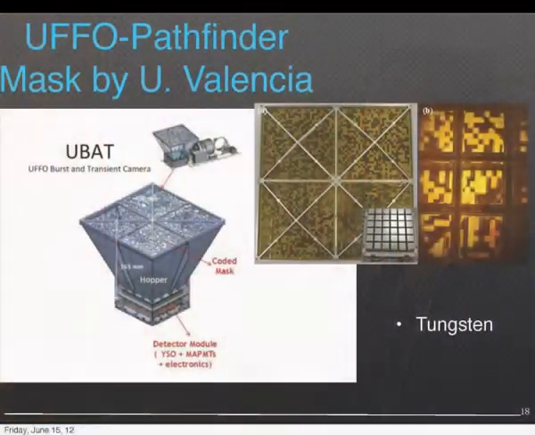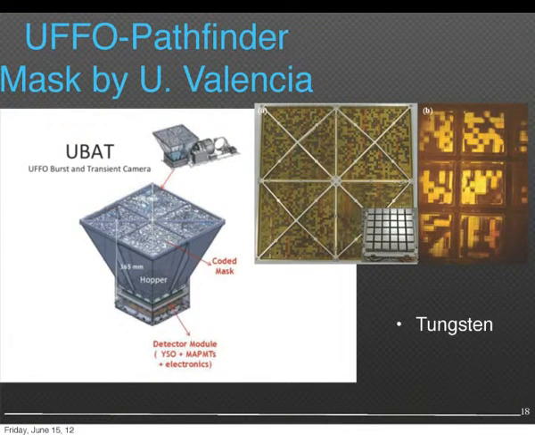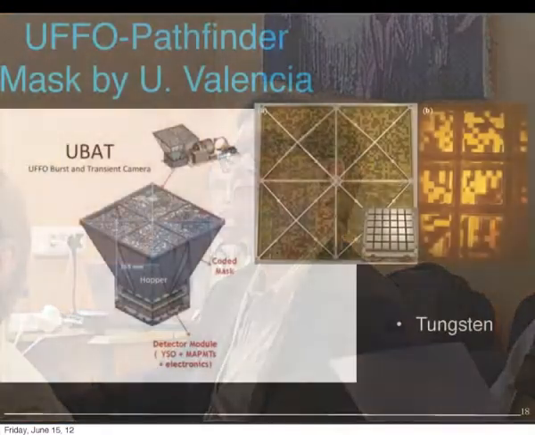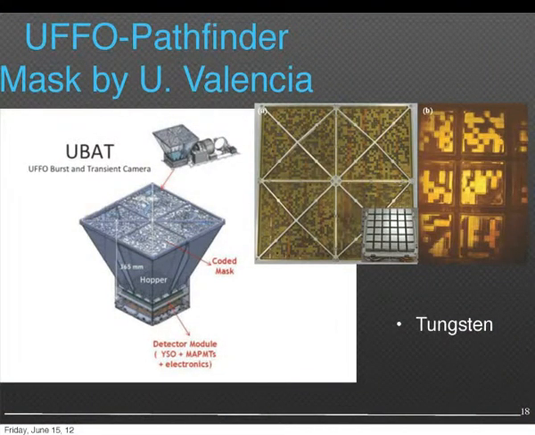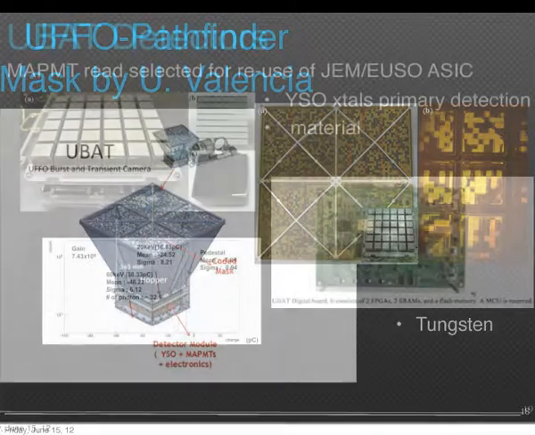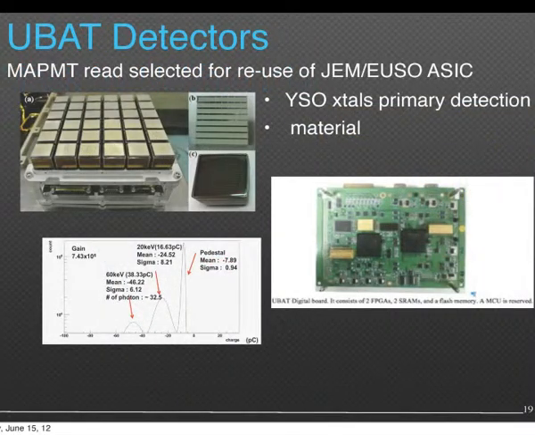We have a very nice mask made by our collaborators at the University of Valencia. And again, this just shows a little bit more of a cutaway, the mask up here, the hopper and shielding here, the detector plane here, the electronics underneath. Our mask is tungsten. We have a very unusual detector. Our detector is read out by MAPMTs, and here we have YSO crystals.